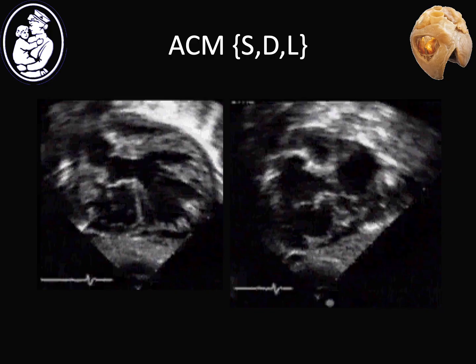These echocardiograms are from a patient with anatomically corrected malposition of the great arteries, SDL: situs solitus atria, D-looped ventricles, but L-malposed great arteries. In the panel on the left, which is a subxiphoid long axis or paracoronal plane view, the right ventricle is here, identified by the tricuspid valve with septal attachments.